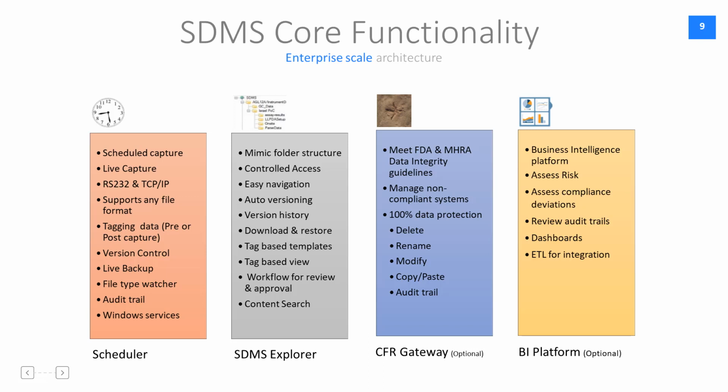Logilab SDMS also supports tagging of data. That means you can add metadata to the data to be captured. That means there is a pre-tagging capability as well as post-tagging capability. Pre-tagging means you should be able to tag your data before you capture your data. Let me give you an example.